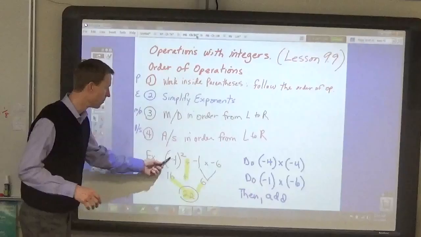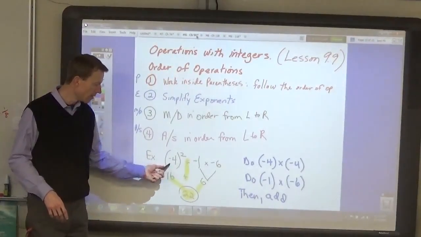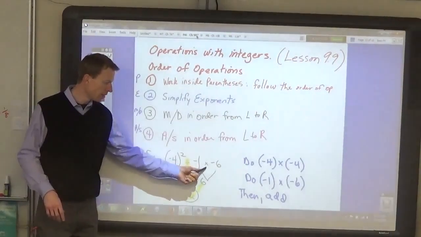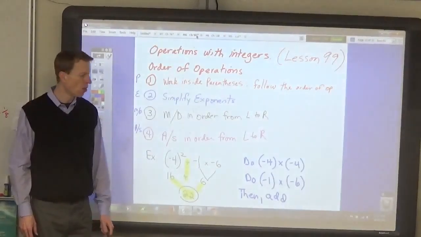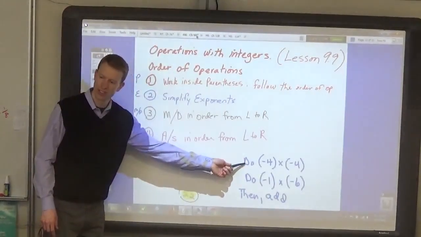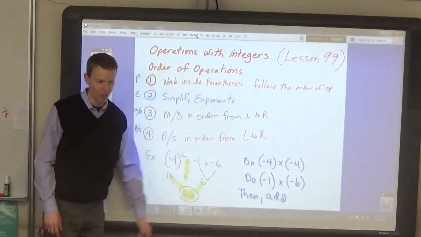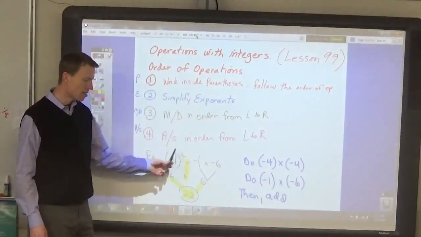Let's do this example. This one is negative 4 squared plus negative 1 times negative 6. You should have this in your notes already. You start with the exponents.